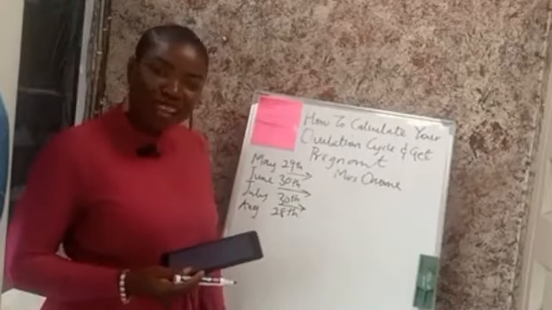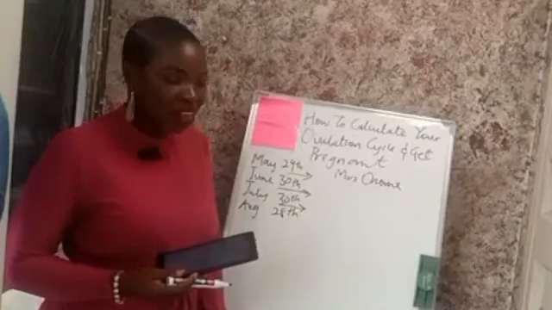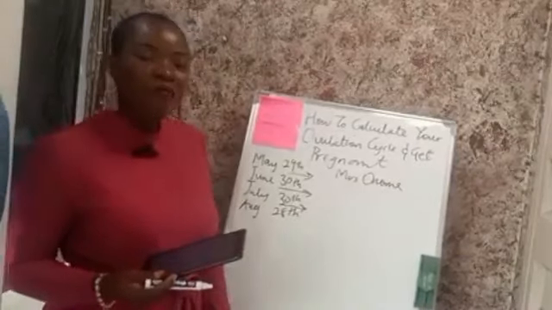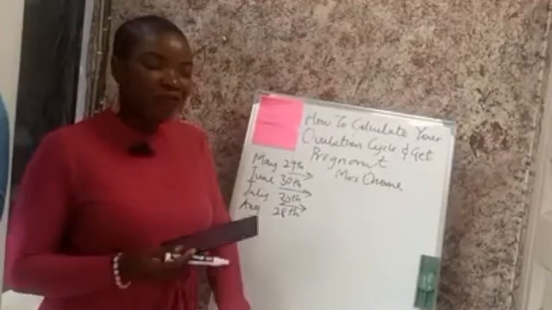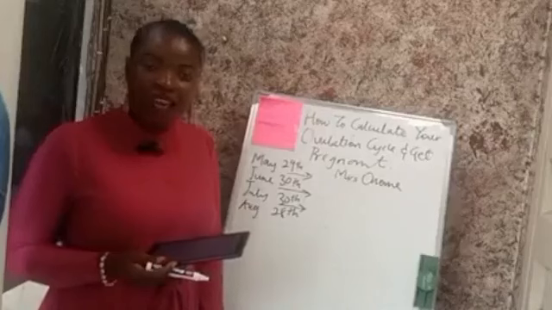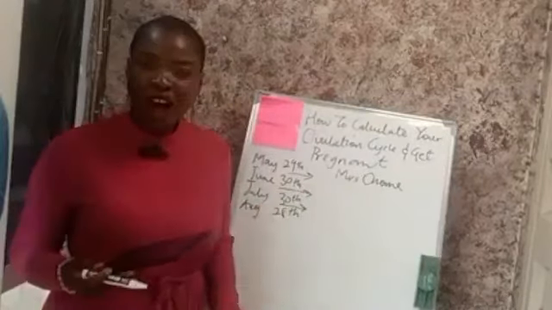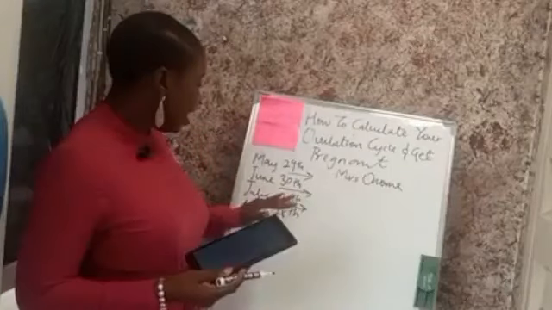So when you're ovulating and having fun with your husband trying to conceive, you are not the only one ovulating on that day. You have millions and billions of women ovulating on the same day. So all the Mrs. Onomen, let's move on.